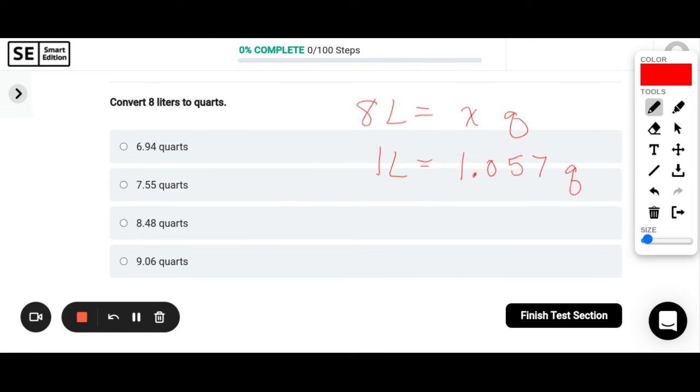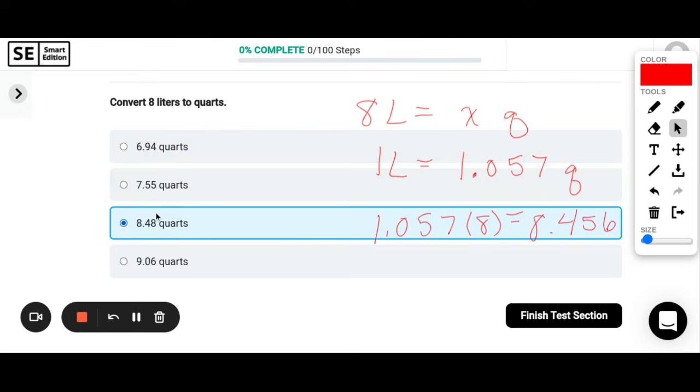So if I have 8 liters, I'm going to take this and multiply it by 8. If I multiply 1.057 times 8, I get 8.456. And again, the closest option to that is 8.48 quarts.